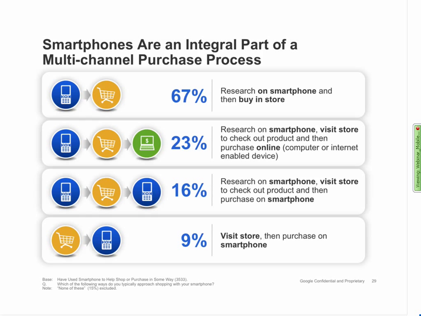bricks behavior of online driving consumers to the stores. But now with smartphones, we also have to think about the aisle to the internet, what we call the aisle to the internet behavior, because a lot of people, again, are using their smartphones, going to the store and going to buy online or continuing to buy online via their smartphones.